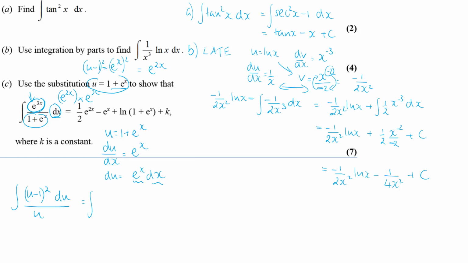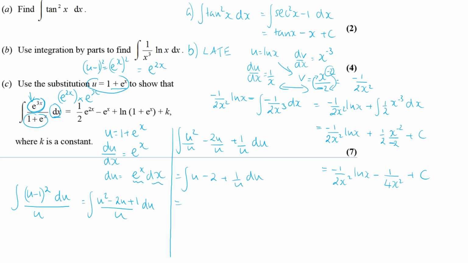So what I can do now, squaring out that bracket, u squared minus 2u plus 1 all over u. So then I can separate each of the terms: u squared over u minus 2u over u plus 1 over u. So this will be just integrating u minus 2 plus 1 over u.